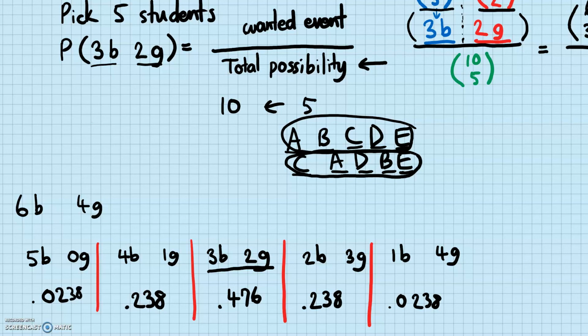And you'll notice some interesting patterns here. Okay, this seems to be the biggest probability. So this is the most likely outcome. About half of the time, it's going to be about 3 boys and 2 girls. About the other fourth of the time, it's going to be 4 boys and 1 girl, or 2 boys and 3 girls. And almost barely will it be 5 boys and no girls, or 1 boy and 4 girls.